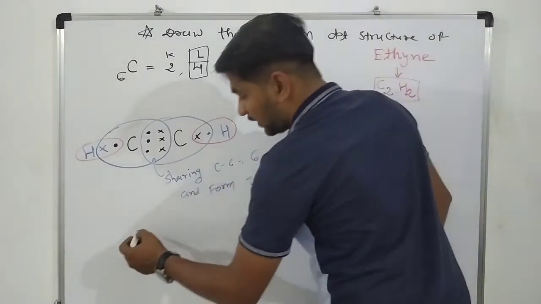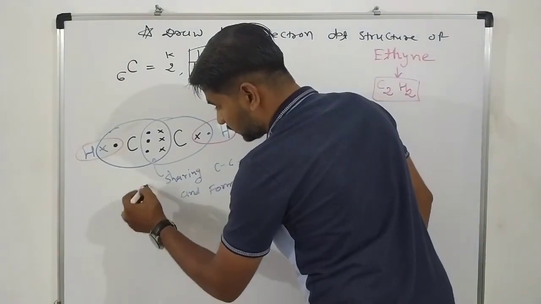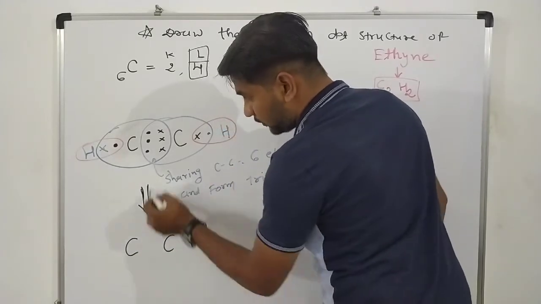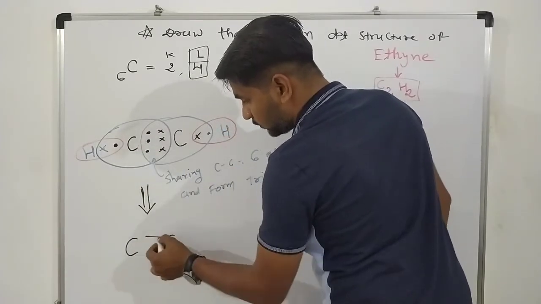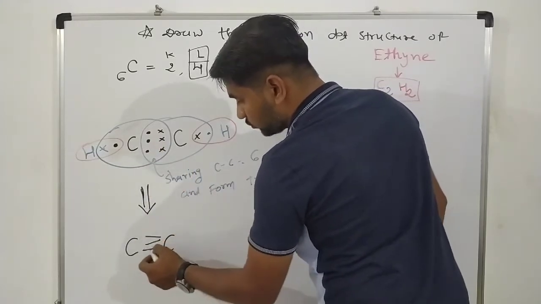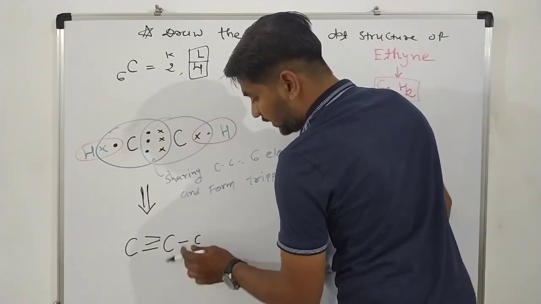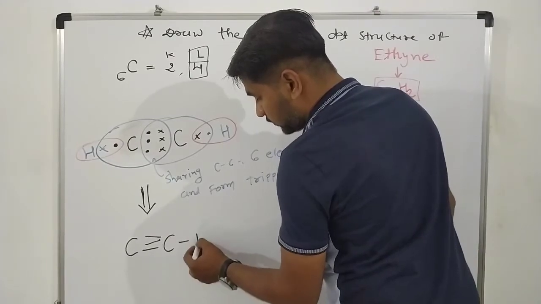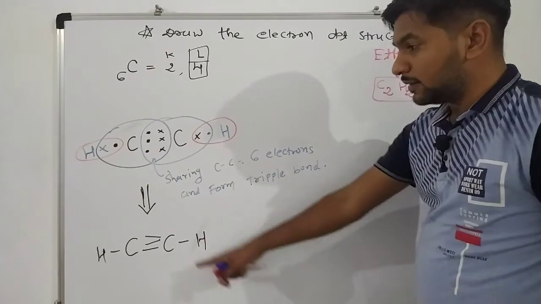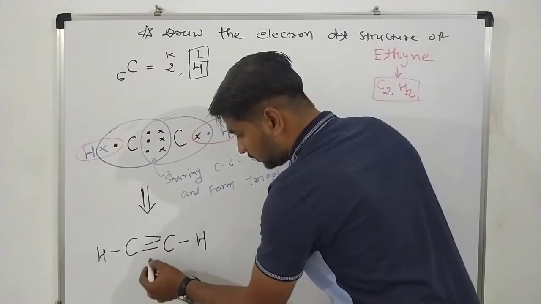Here we can write like this: C 2 carbon, this is one bond, these 2 electrons form 1 bond, these 2 electrons one bond, hydrogen, and this is hydrogen. It is a triple bond. We call it a triple bond.